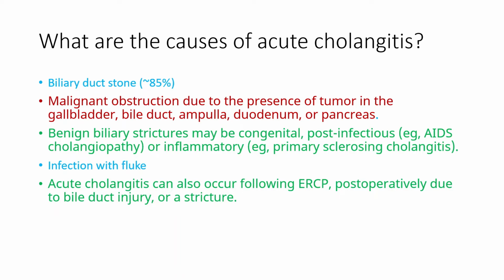It could also be benign biliary strictures, maybe congenital, post-infectious, including AIDS cholangiopathy, or inflammatory conditions, including primary sclerosing cholangitis. Parasites can also cause mechanical obstruction in the biliary duct, and it can also occur following procedures like ERCP and post-operatively due to bile duct injury or stricture.